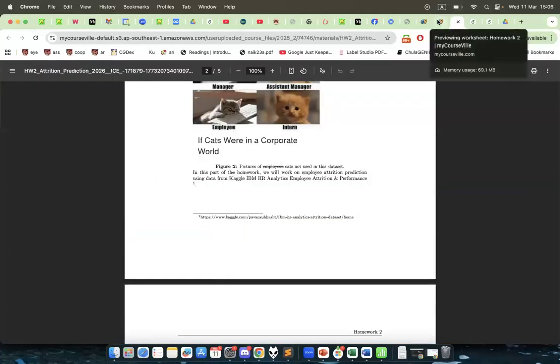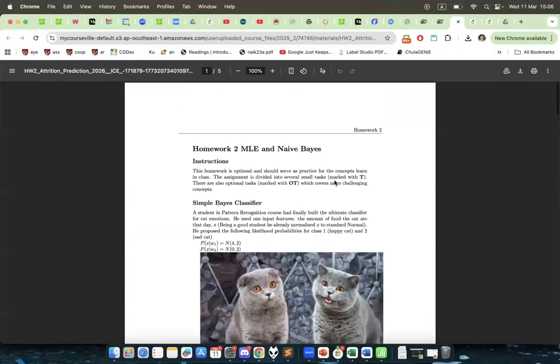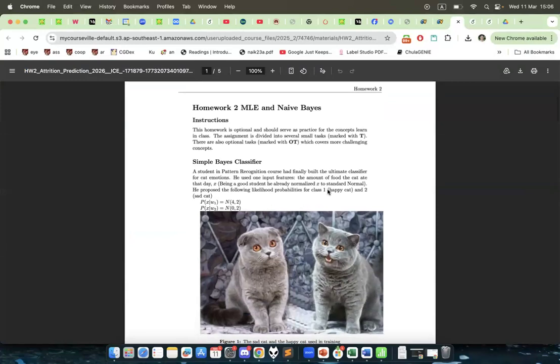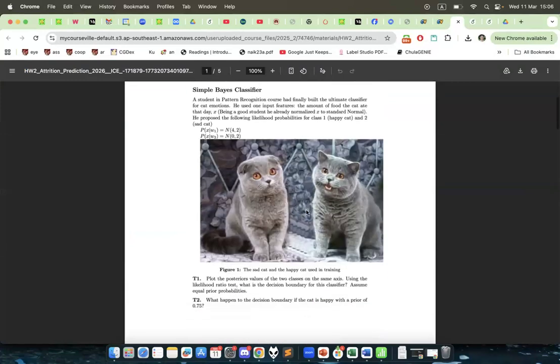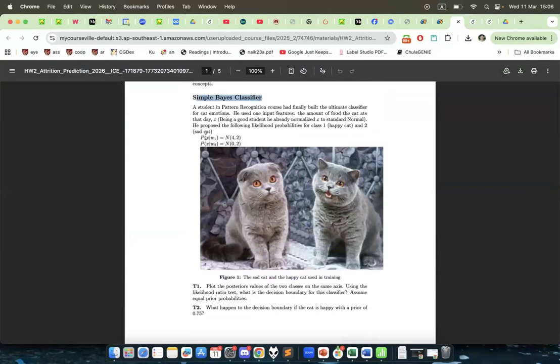Wait, let me open. So homework 2 starts with a simple naive Bayes classifier.